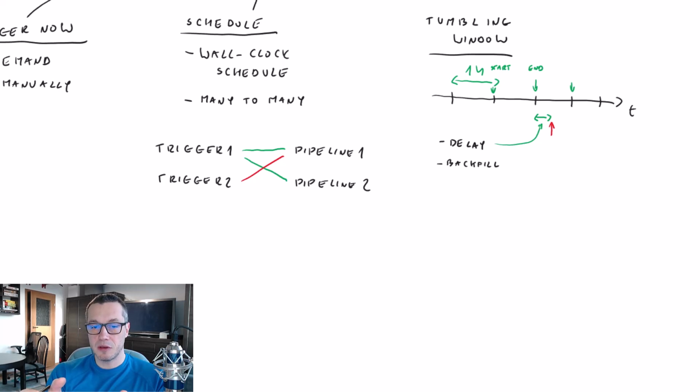In the case of tumbling window, it's perfectly fine because we could set the start time of our trigger to the past, and it will simply start processing those windows one by one up until now, and then it will proceed with regular processing. And now, to make this backfilling process faster, we can define this max concurrency option, which tells how many instances of this trigger can be executed at the same time.